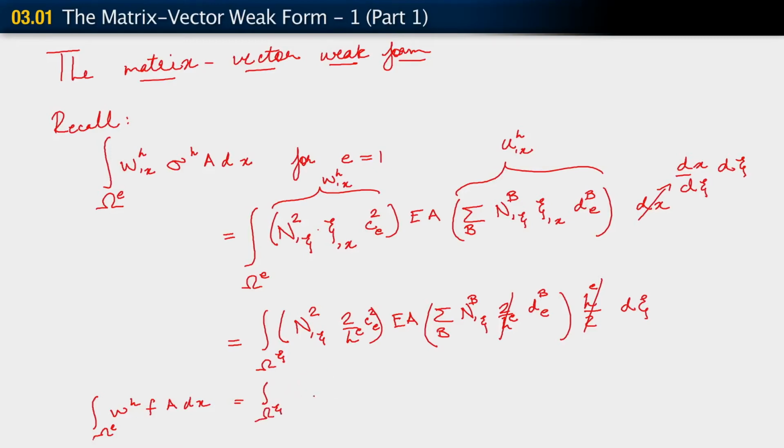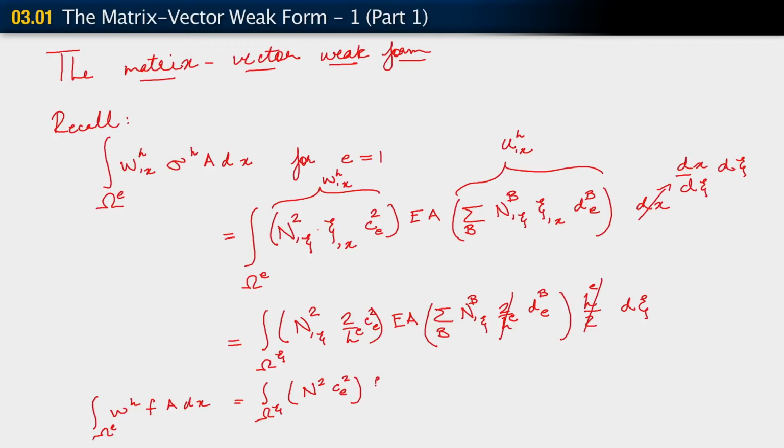Our representation of wh here is simply N2 times c2e, and remember this is all for e equals 1, which is why we don't have the contribution from the first basis function, right? We talked about that in the last segment.